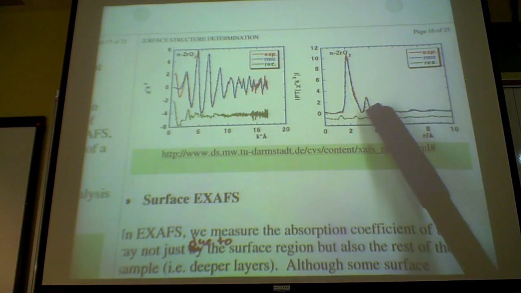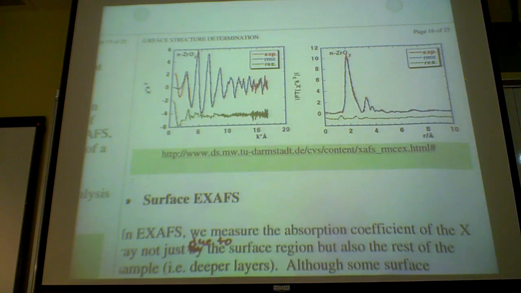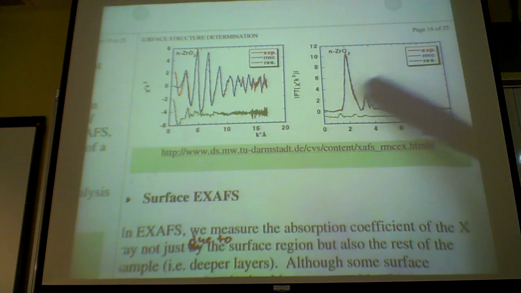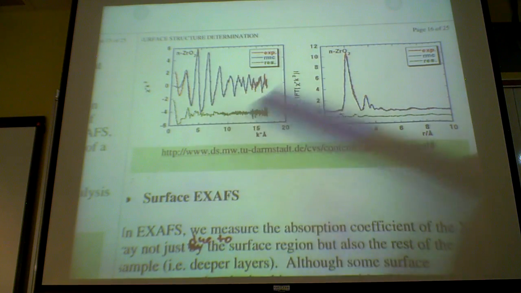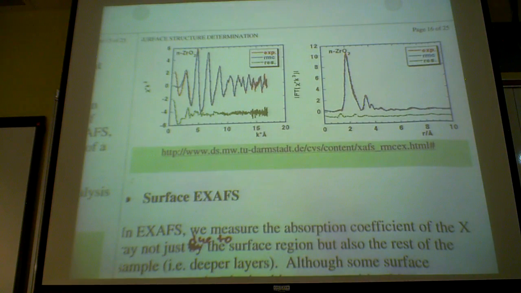And here's the Fourier transform from this curve to this curve, right? And you can see they really overlap. And because you have a model to generate this back curve, you know exactly what the structure is. Because if you can say that they agree with your experiment, then you got it. You have the complete structure determination.